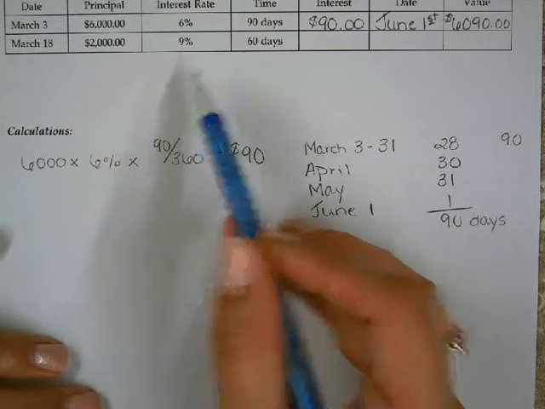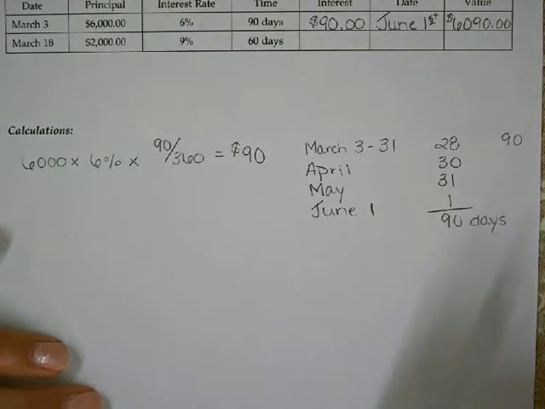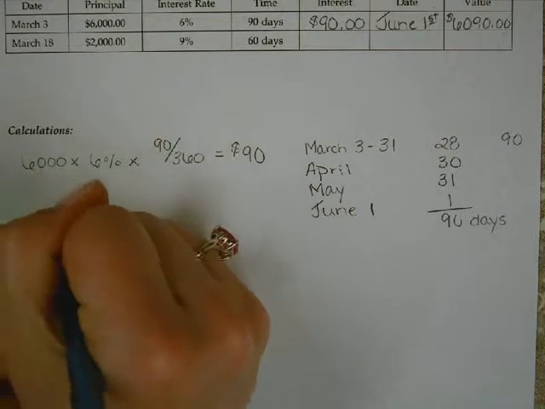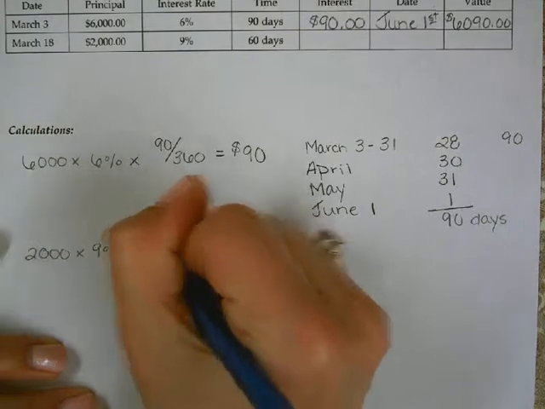Good. 2,000 times 9% times that 60 over 360. What's our interest? $30.